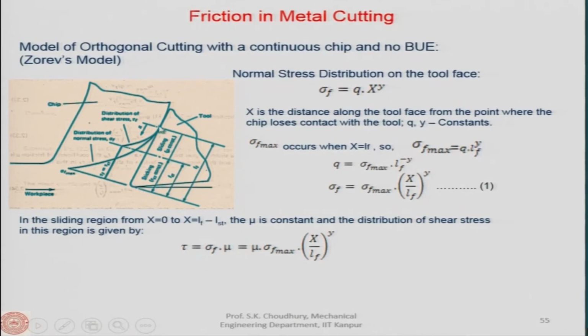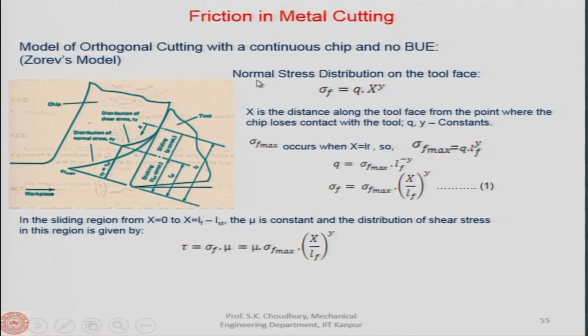If you go from this point towards the tool tip, the x value increases. Let us say x is 0 here, and as we go along the chip-tool contact length, if we come to this point, the x value will be L_f. If you are here, it will be L_f minus L_st, and so on.